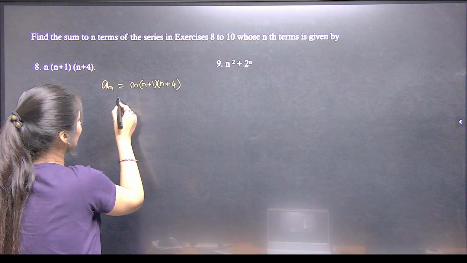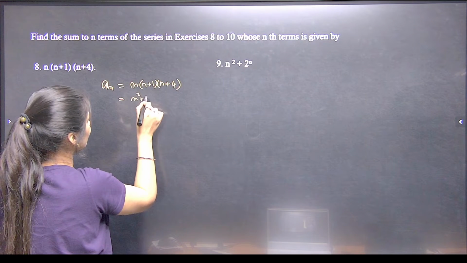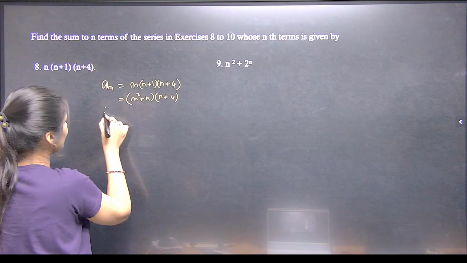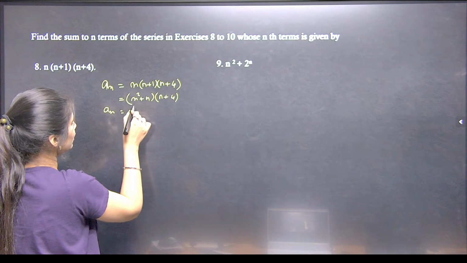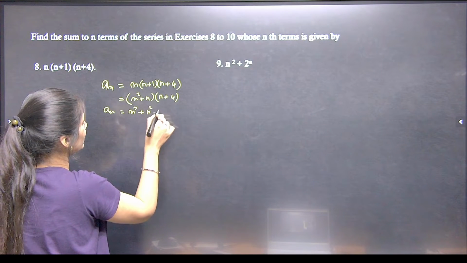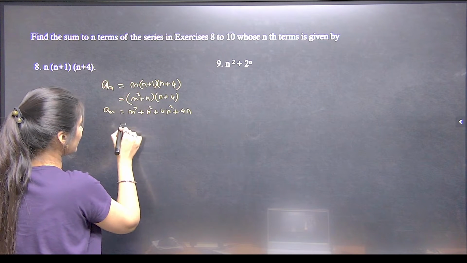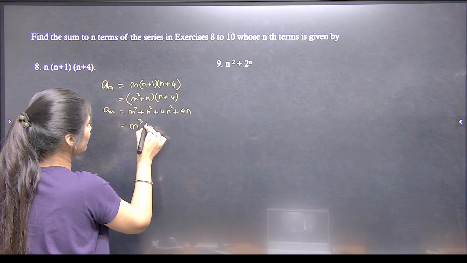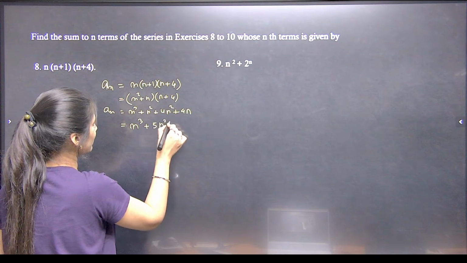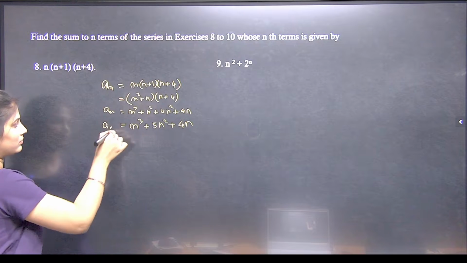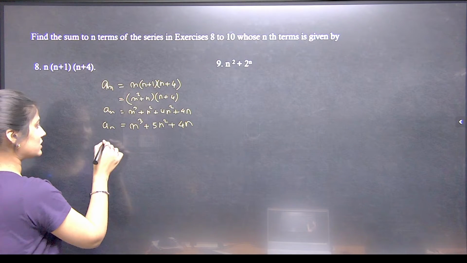Let's solve it. It will give n square plus n, and then we have n plus 4. So nth term is nothing but n cube plus n square plus 4n square plus 4n. So it is n cube plus 5n square plus 4n. This is nth term. Now what will be the kth term?